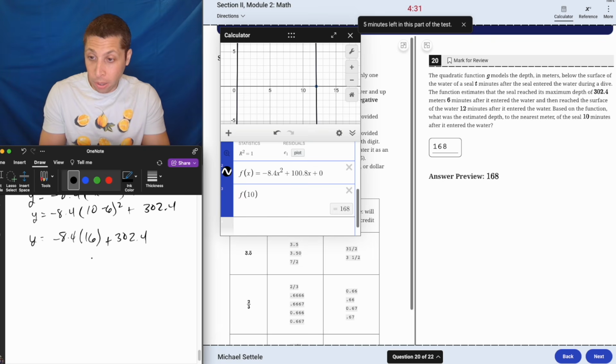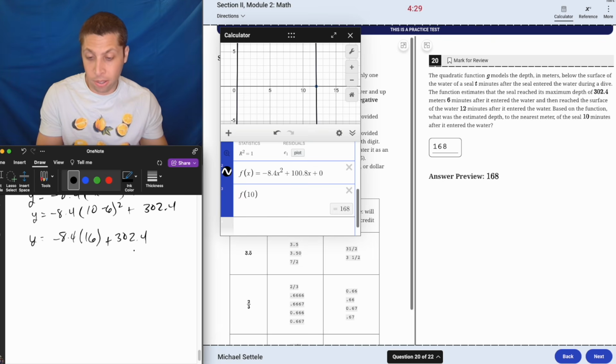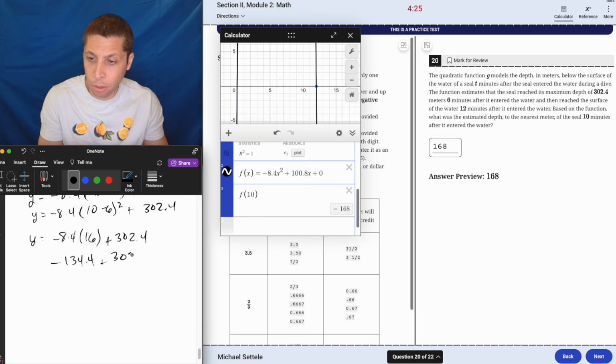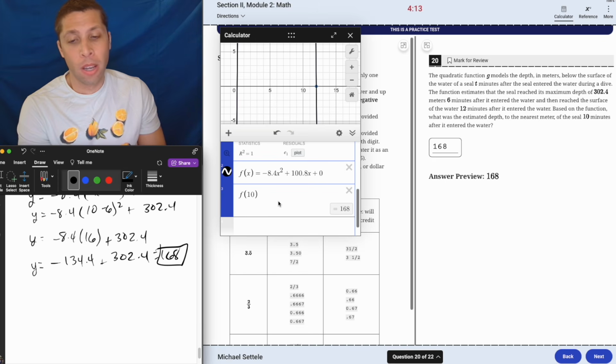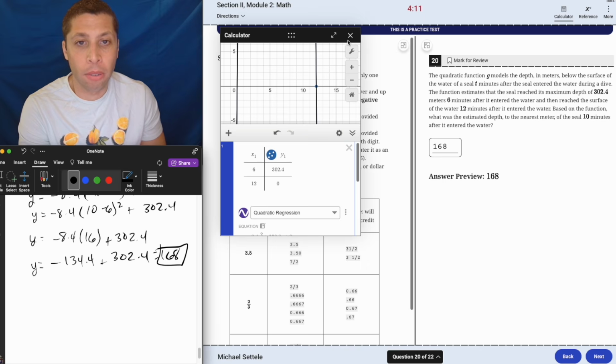Negative 8.4 times 16 is negative 134.4 plus 302.4. 168. Cool. That's a good question. I love that regression. Really works nicely.